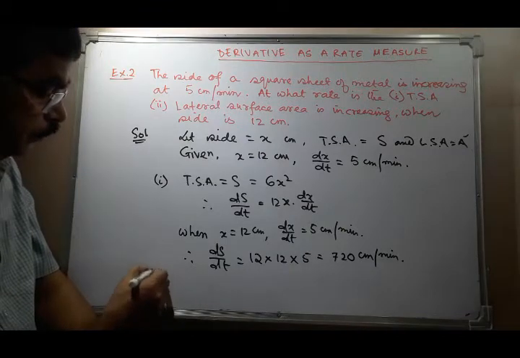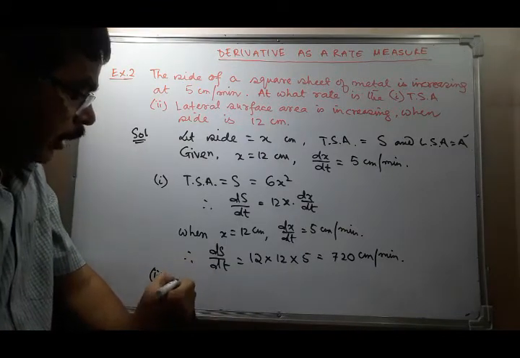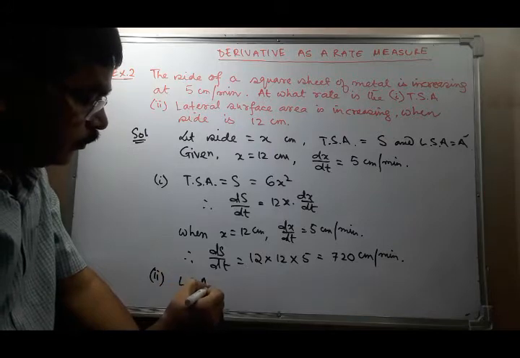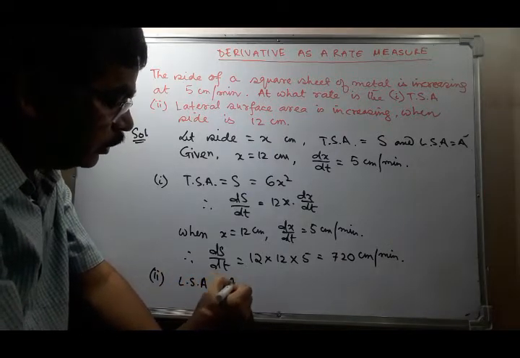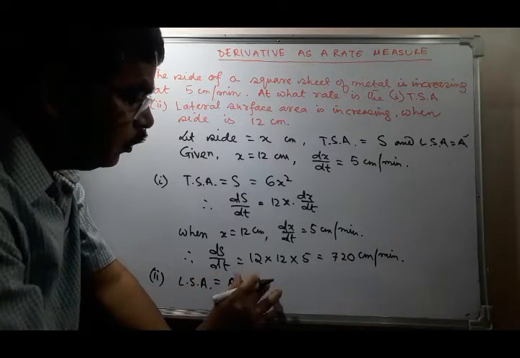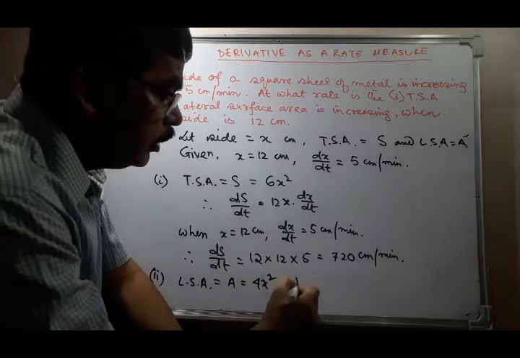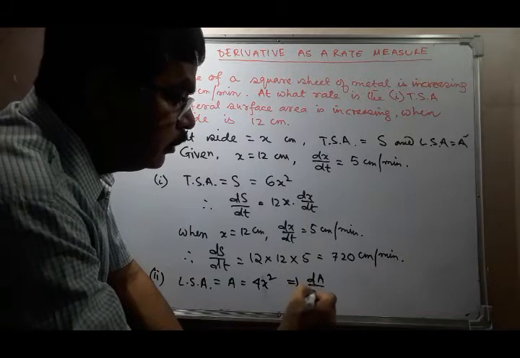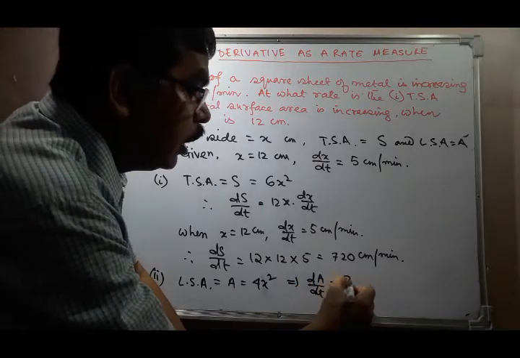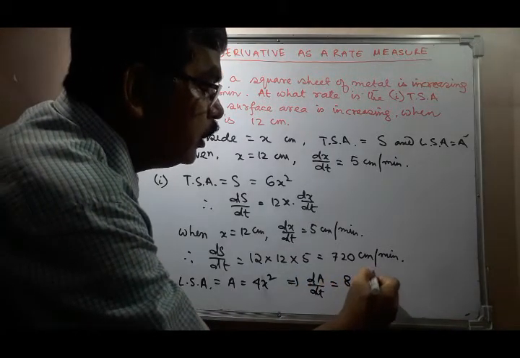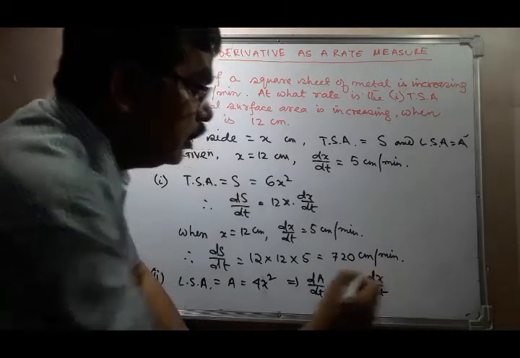Part 2, lateral surface area, that is area of the four walls, which is 4 into side square. Therefore dA by dt equal to 8x into dx by dt.